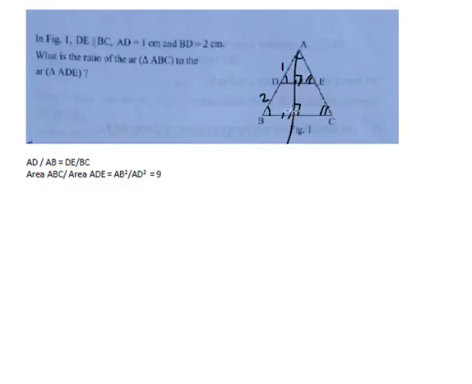Also, if we draw a perpendicular to BC, it will also be perpendicular to DE, and in the smaller triangle ADE we take the half triangle, and in the bigger triangle ABC we take half the triangle. These two triangles will also be similar, meaning that the length of the perpendiculars will also be in the ratio of the sides. So the whole area of the smaller triangle and the bigger triangle will be in the ratio of the square of the sides. Here AB equals 9 and AD is 1, so the ratio of the area will be 9 by 1.